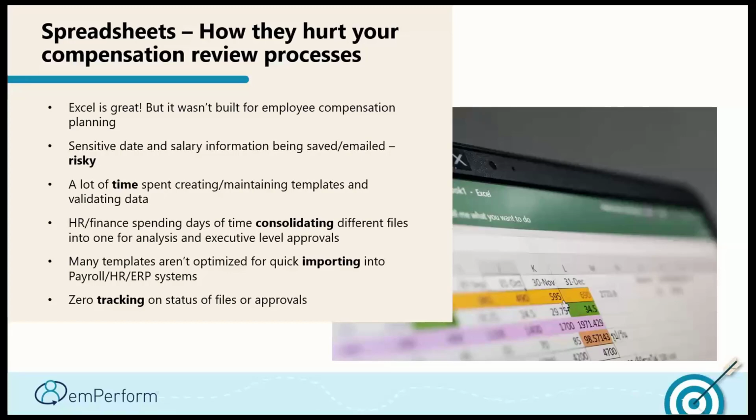Now, I know some of that risk is being mitigated now by cloud sharing folders and limiting who has access to that. But I do know, a lot of times people are still emailing files to managers that need to participate in the comp process. And hey, one wrong letter could be sending that compensation file to the wrong person.